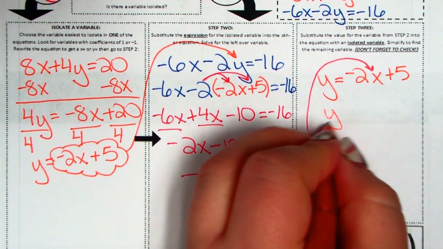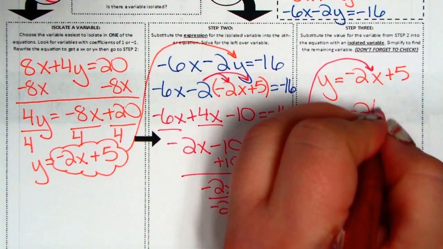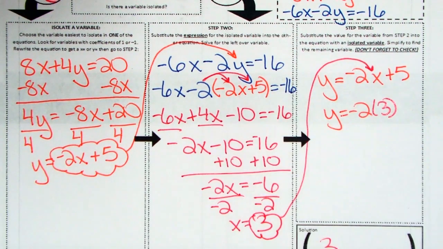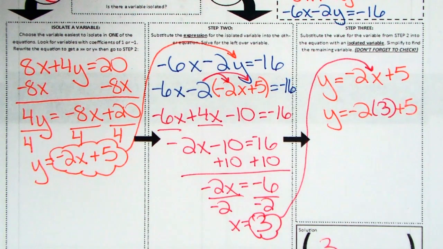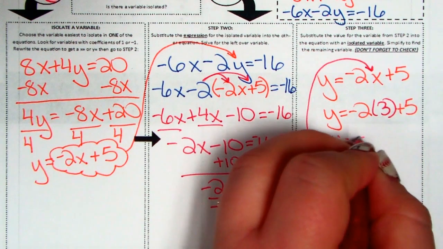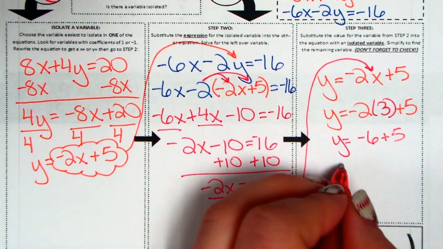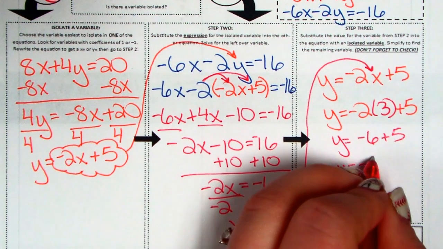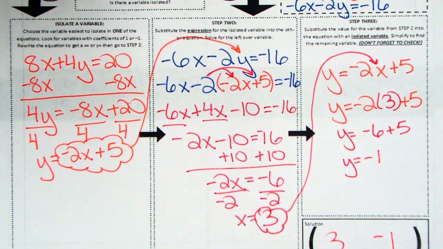So we'll have y equals negative 2 times our 3 plus 5. Negative 2 times 3 gives me negative 6. And then negative 6 plus 5 gives me negative 1. So there's our solution, which we could describe as consistent and independent.